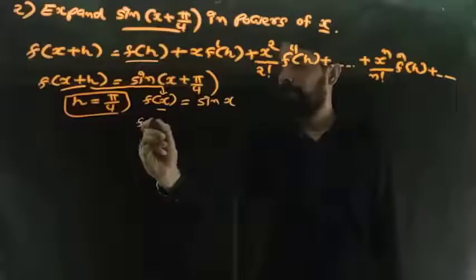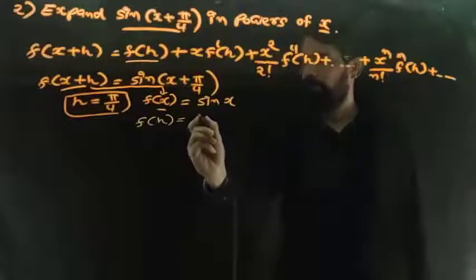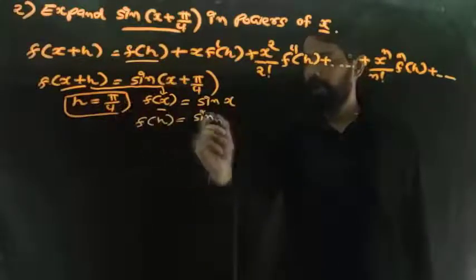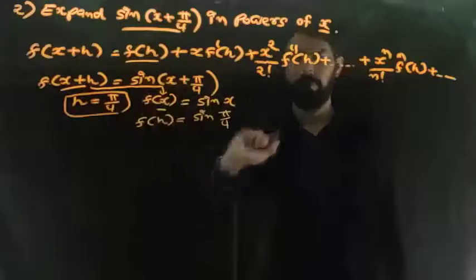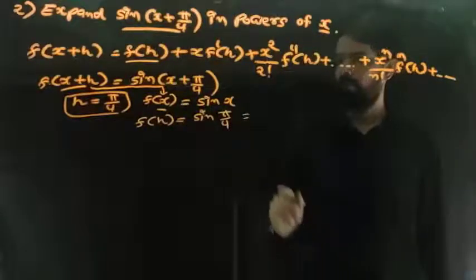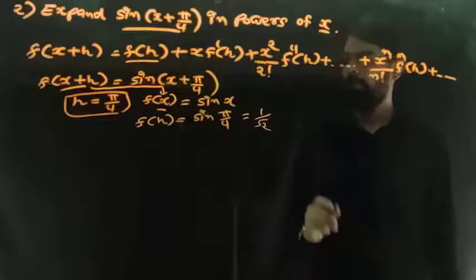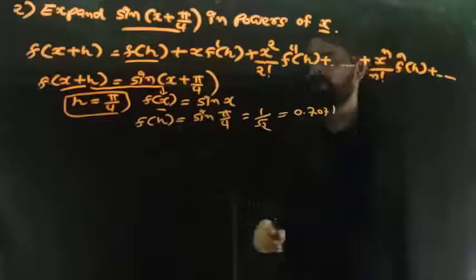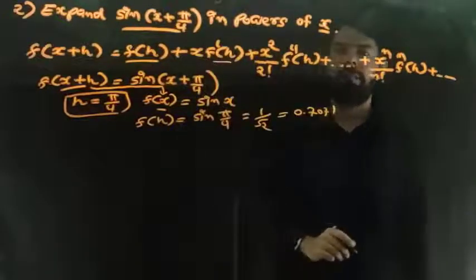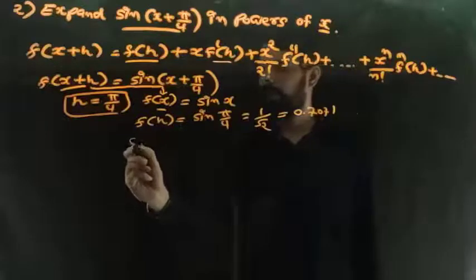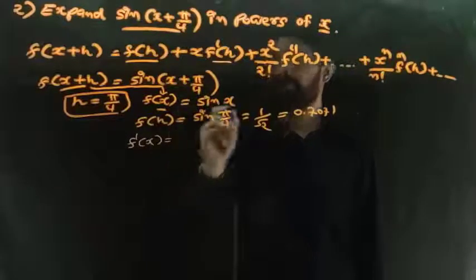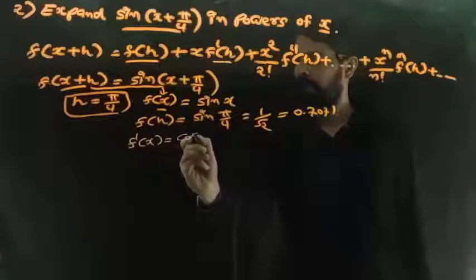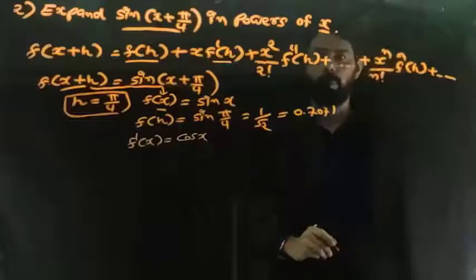So f of h is equal to sin pi by 4, replacing x by h, because the value of h is pi by 4, and sin pi by 4 is 1 by root 2, which is 0.7071. Second step, we find f dash h. Taking the derivative of sin x with respect to x gives cos x, so f dash x is equal to cos x.